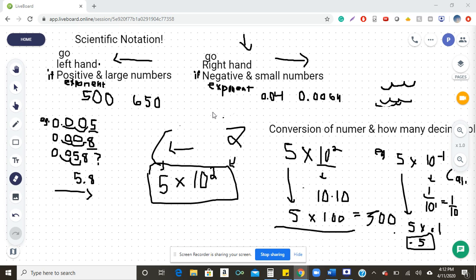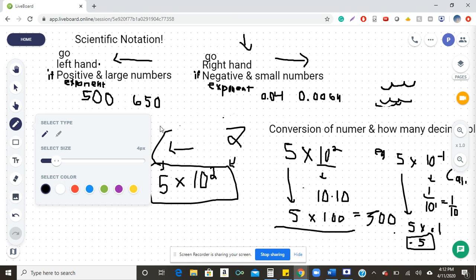And what I'm talking about here is, let's imagine going left with large numbers, you have 500 and 650. So what are you going to do with 500?